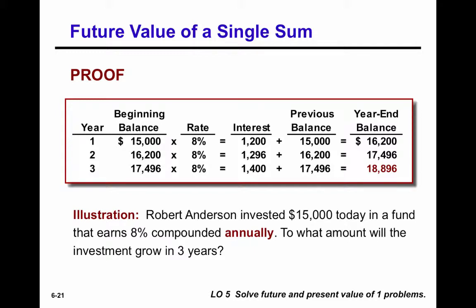This is the long way. It's not quite so long when you have something like Excel where you can copy a lot of cells, but the reality is that this shows the process by which that interest is compounded. Each period you're earning interest on interest, and consequently your growth is magnified beyond the amount that it would have if it was simple interest.